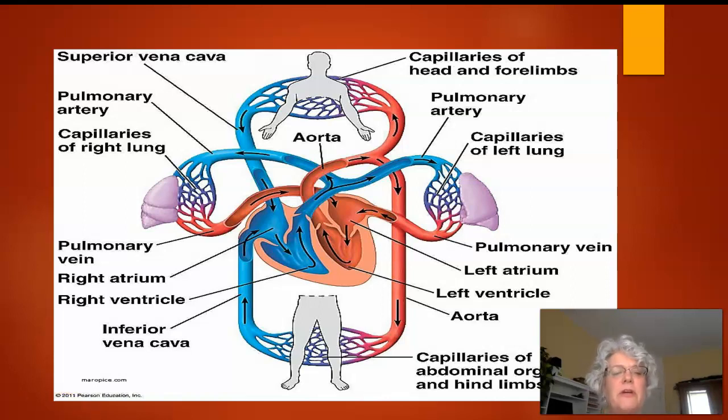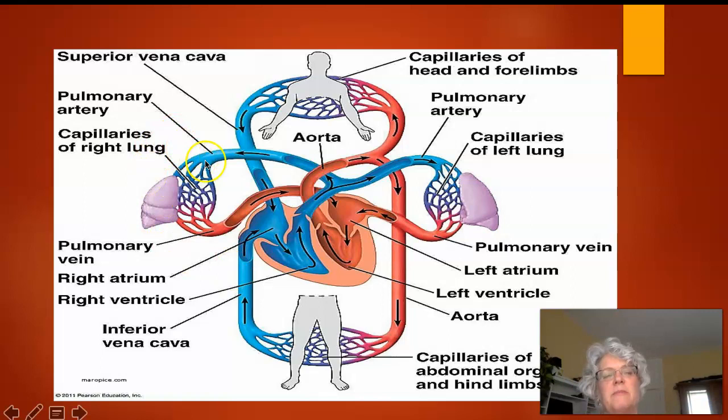The blood flow. So we have blood flow coming up into the right heart from the body, using the inferior and superior vena cava, going into the right atrium, through the tricuspid valve into the right ventricle, through the pulmonic valve into the pulmonary arteries, and then to the pulmonary capillary system being oxygenated, which we talked about last lecture, and then returning back to the left side of the heart.